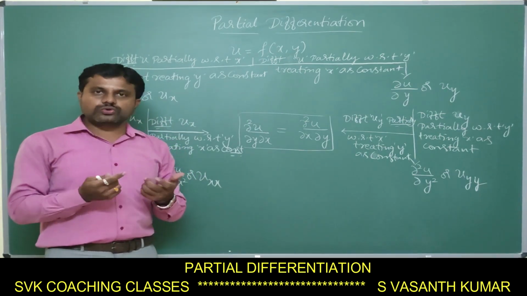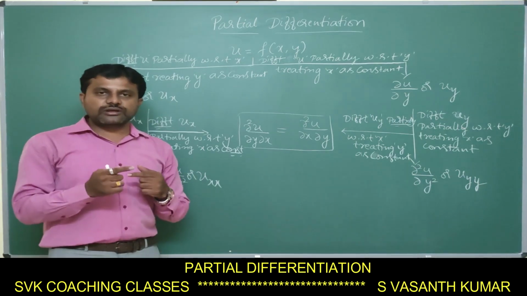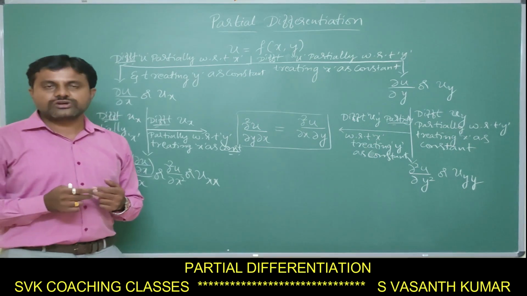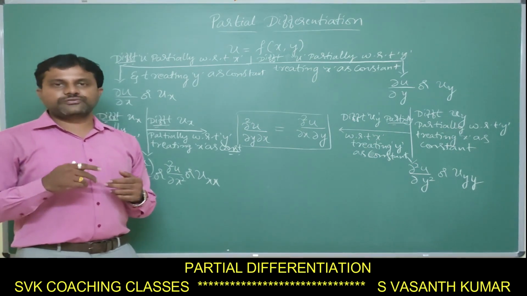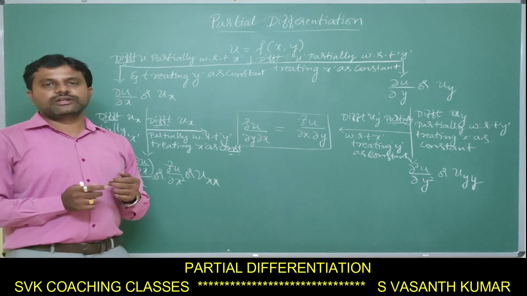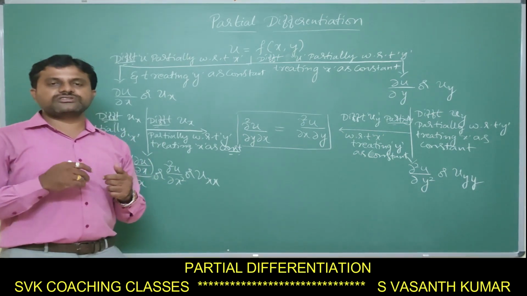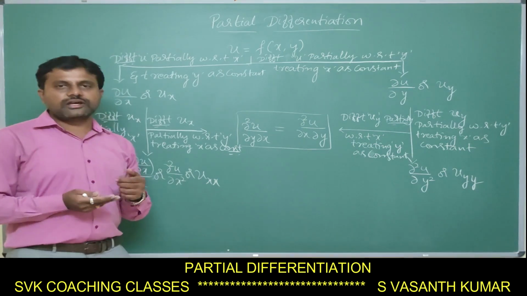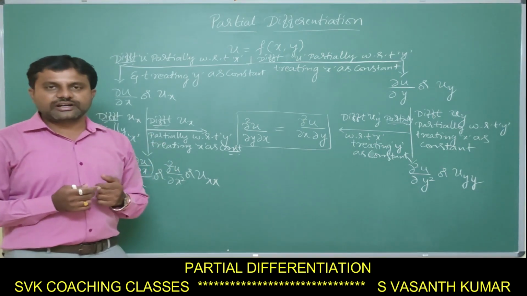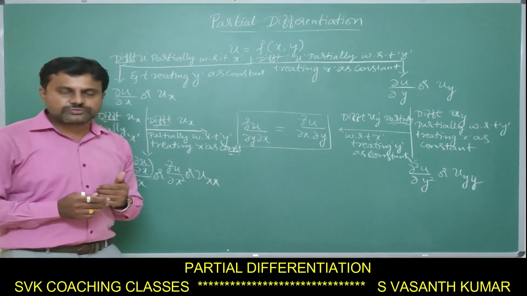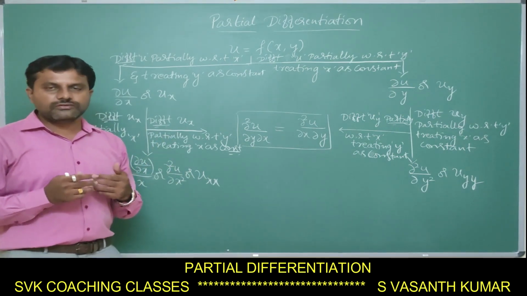While differentiating with respect to x, the remaining variables y and z are treated as constant. Similarly, with respect to y, x and z are constant, and with respect to z, x and y are constant. This is for three independent variables.